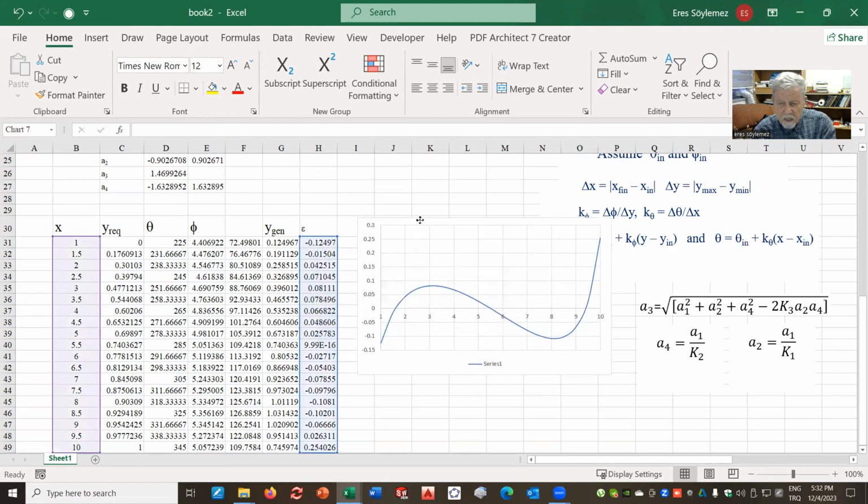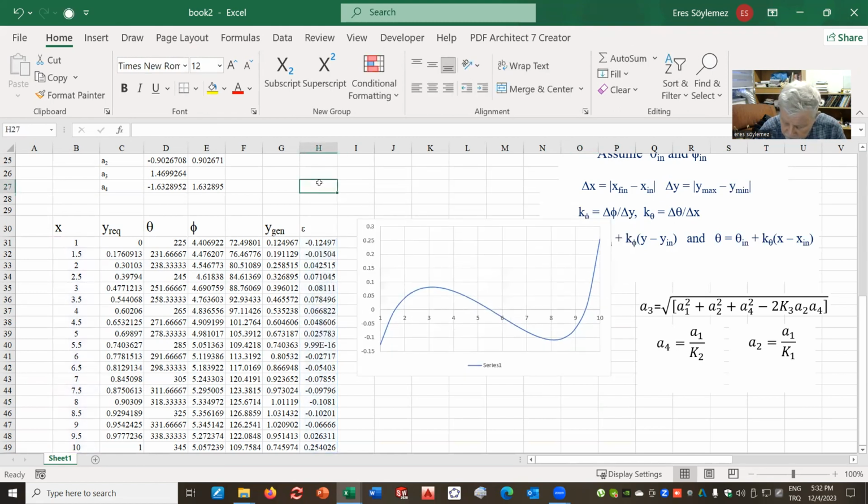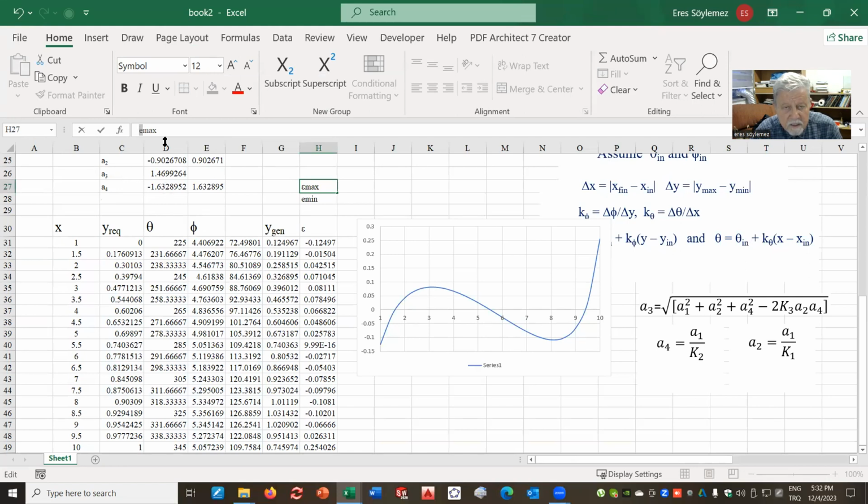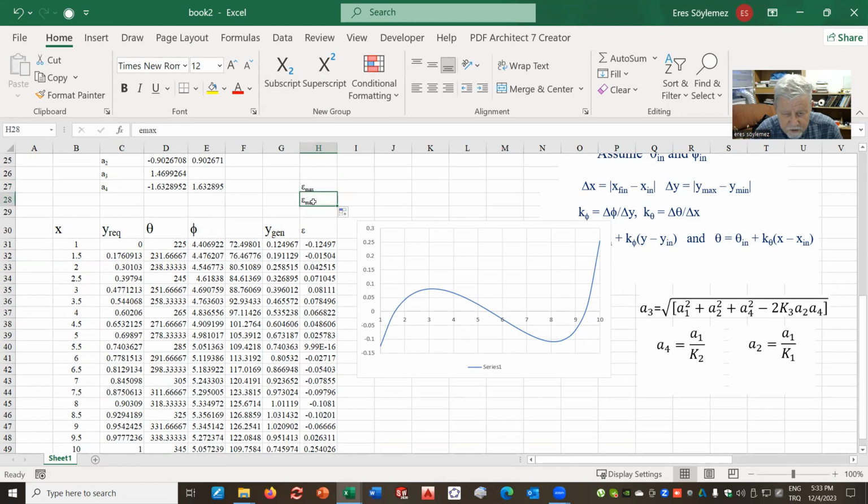That's it. Let me see what is the maximum error. Epsilon max, epsilon min. First I write it like this. Then mark E, instead of times 0, make it symbol, and mark max, make it subscript. Do it like this, and then change it to IN.